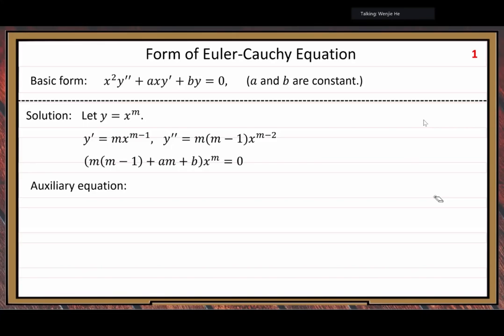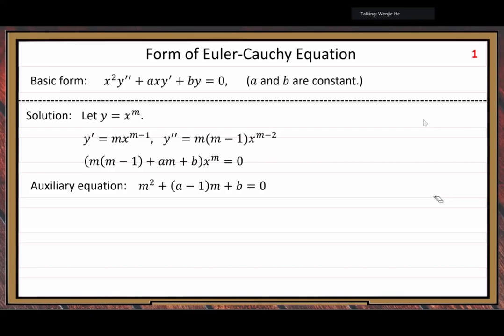So then you can consider the auxiliary equation, which we called the characteristic equation before. This parenthesis part is an algebraic equation where we treat m as the variable. Little a and little b are known constants; we assume we have their values.